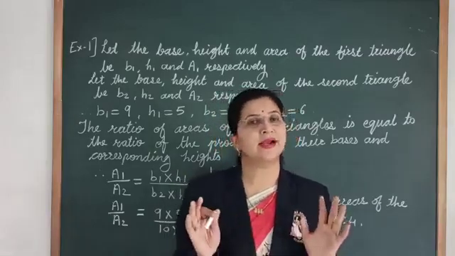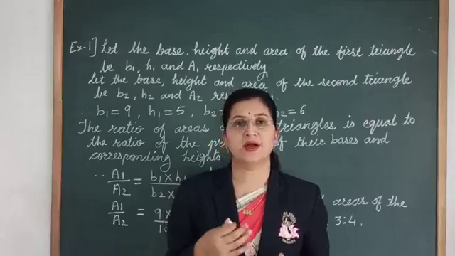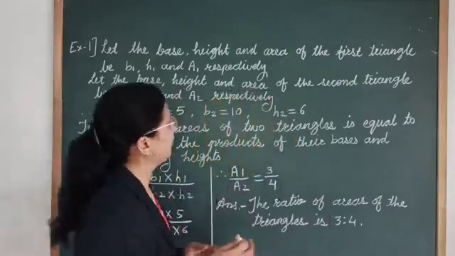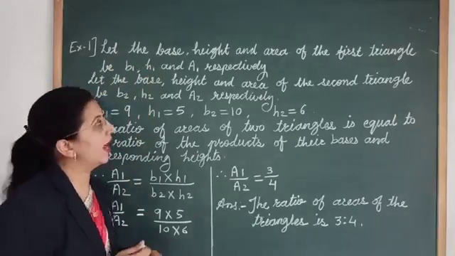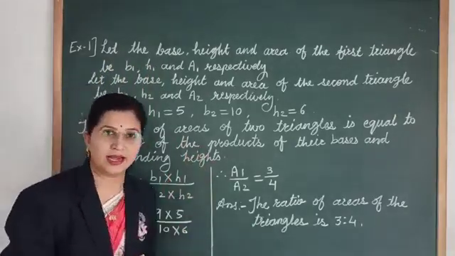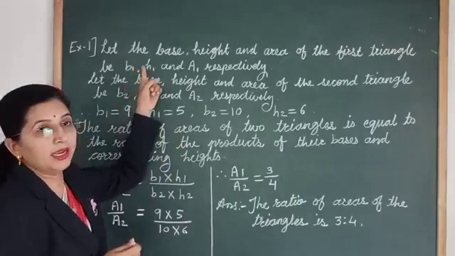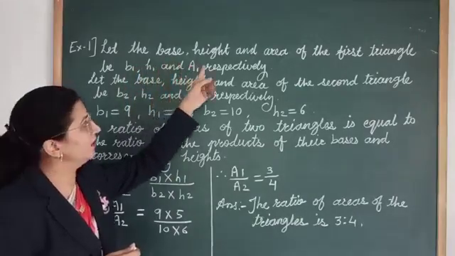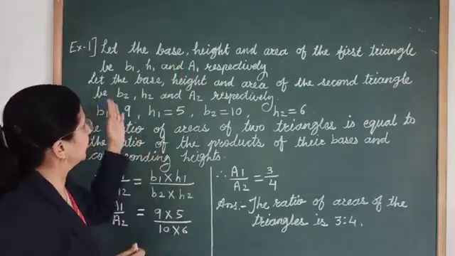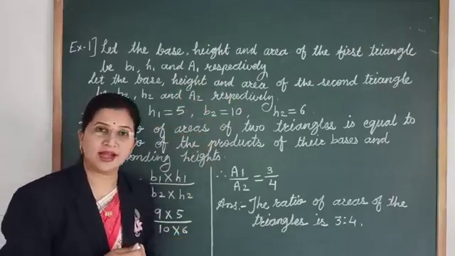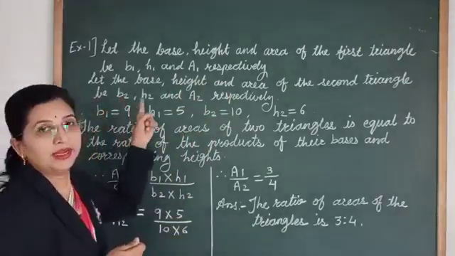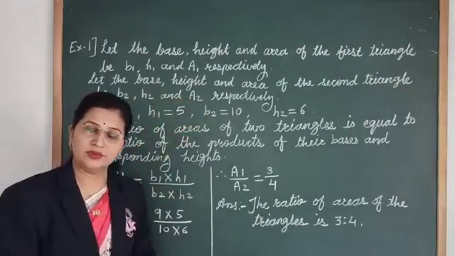So here the names of the triangles are not mentioned, so we will consider the base, height and area of the first triangle as B1, H1 and A1 respectively. Similarly, the base, height and area of the second triangle as B2, H2 and A2 respectively.